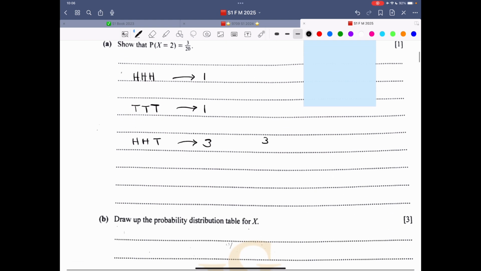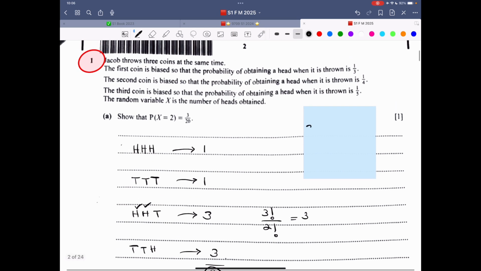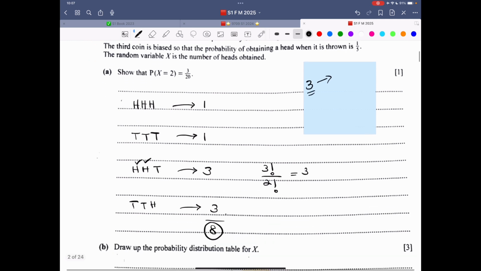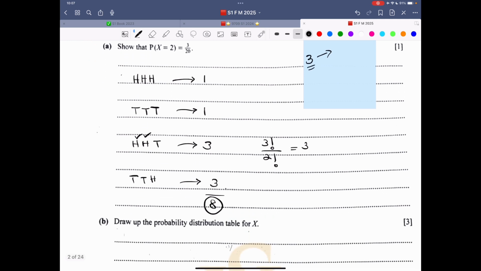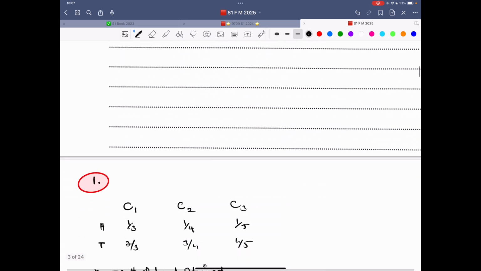Why? Because this is 3 factorial divided by 2 factorial, which becomes 3. Similarly, tail, tail, head, according to the same principle, there are 3 options. So 1, 1, 3, 3, that adds up to 8. Therefore, all the possible combos are 8.